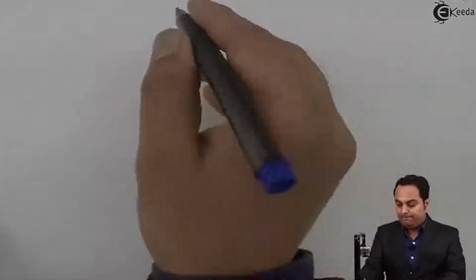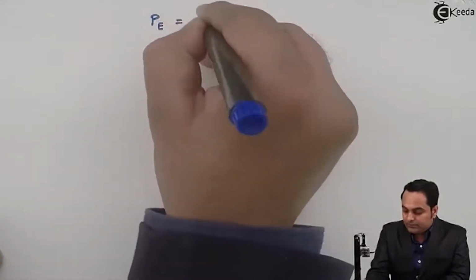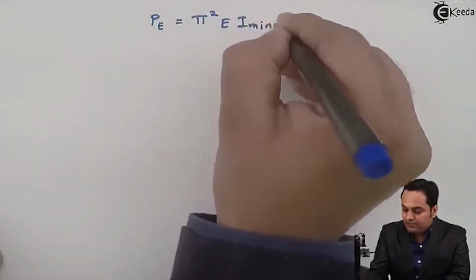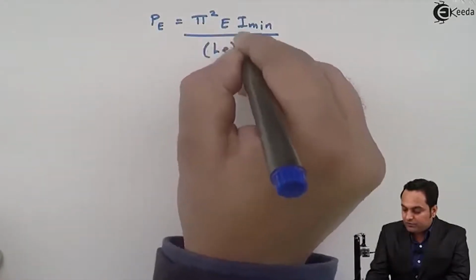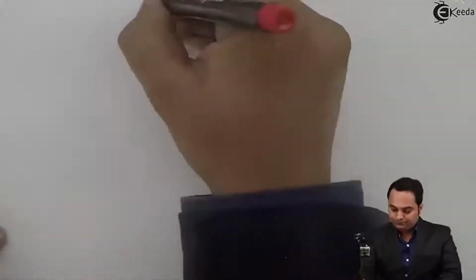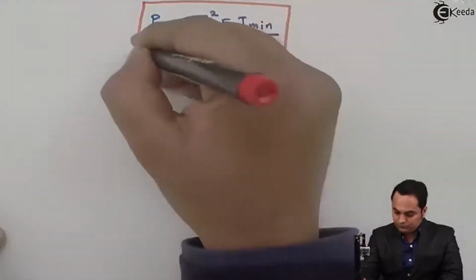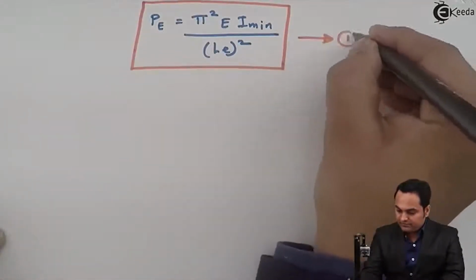It is given by P suffix E, Euler's load, equal to pi square E I minimum upon effective length whole square. So I'll keep this as first equation.